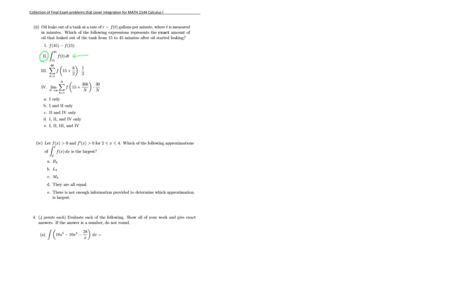amounts. The other one, the next one, 3, this is a Riemann sum. So this is an approximation. And it does have 60 rectangles, so it might be a decent approximation, but it's not an exact value.